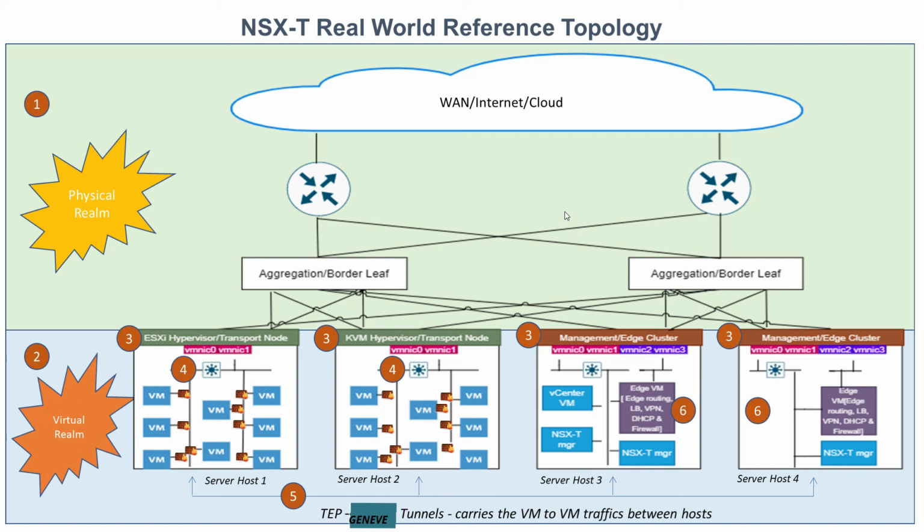So just to summarize, you have two different types of clustering. One is the workload cluster and the second one is the edge cluster. The edge cluster's main purpose is to connect your virtual world to the outside world, right?